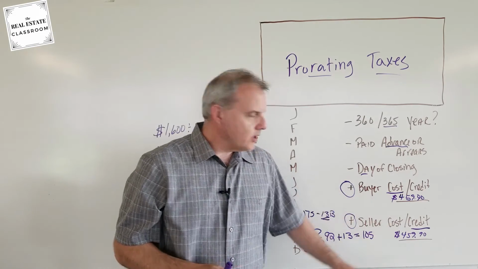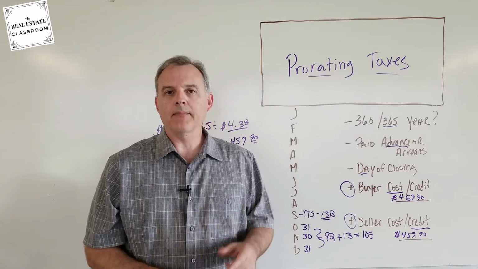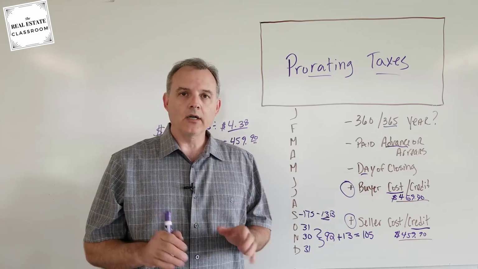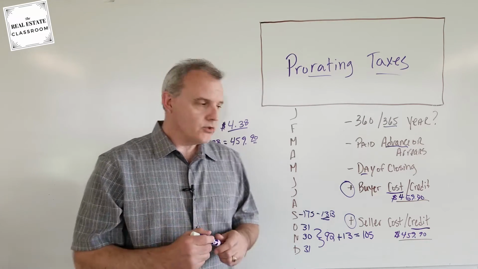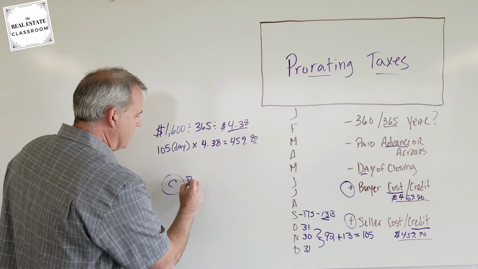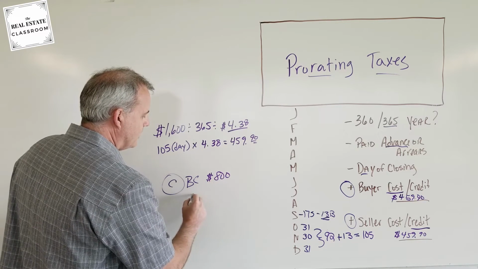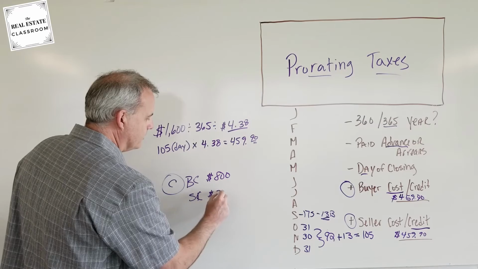Notice one thing here, very important when you're doing calculations for prorations. These two numbers should always be the same if we're calculating rents and property taxes. One of the things that happens quite often on a licensing exam is that one of your potential answers could be C, and it'll say it's a buyer cost of $800 and a seller credit of $1,200.